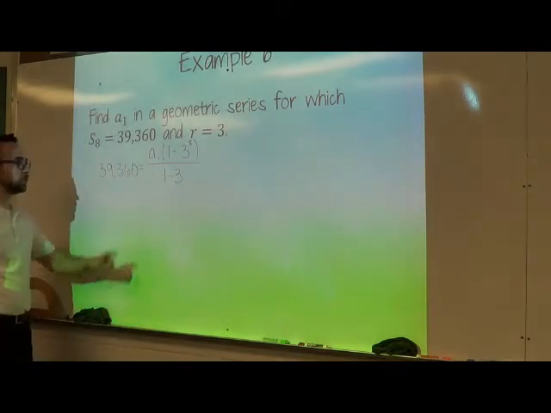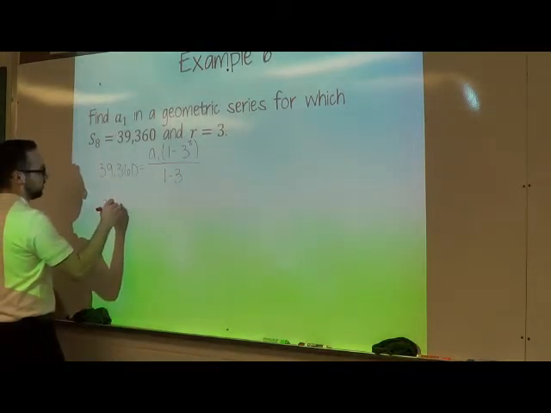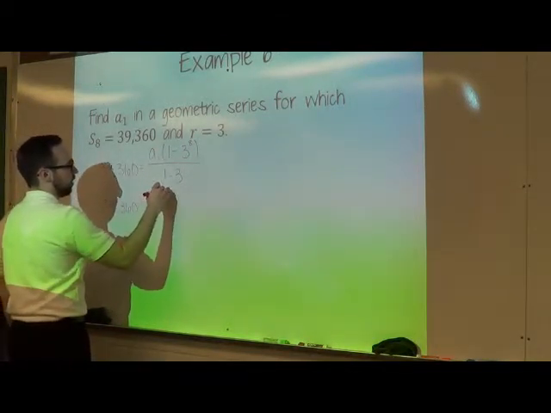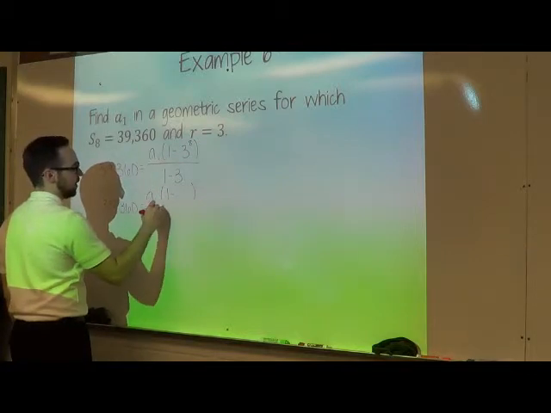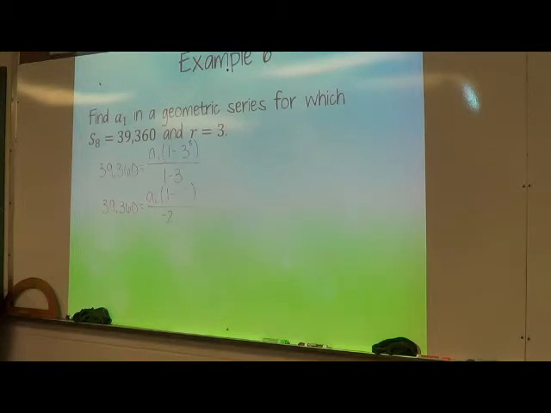So we can use this equation and just solve for a sub 1. So we have 39,360 is equal to a sub 1 times (1 minus 3 to the 8th power) all over negative 2. So let's find out what 3 to the 8th power is. 3 to the 8th gives us 6,561.